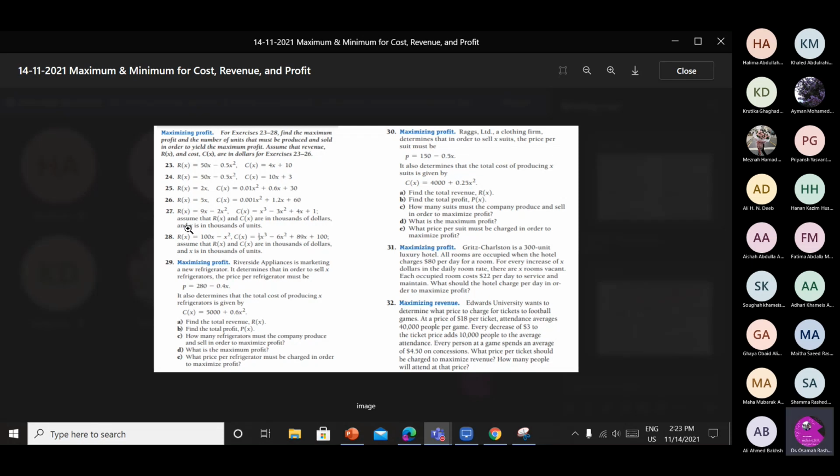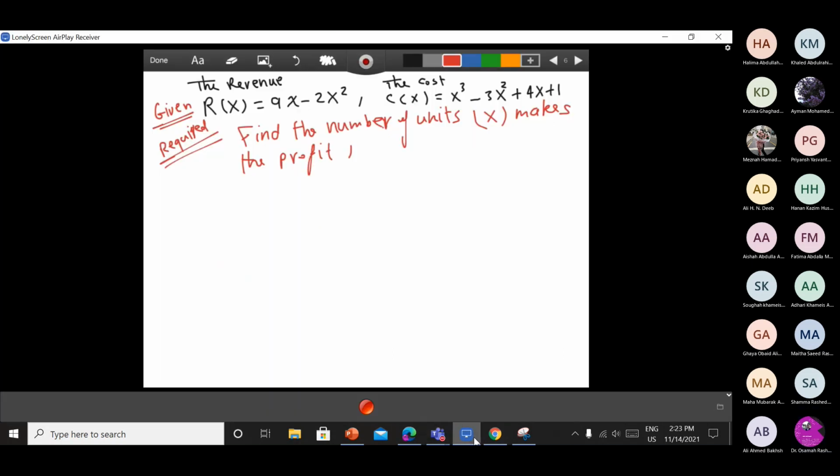Find the number of units, which is x, that makes the profit maximum, right?